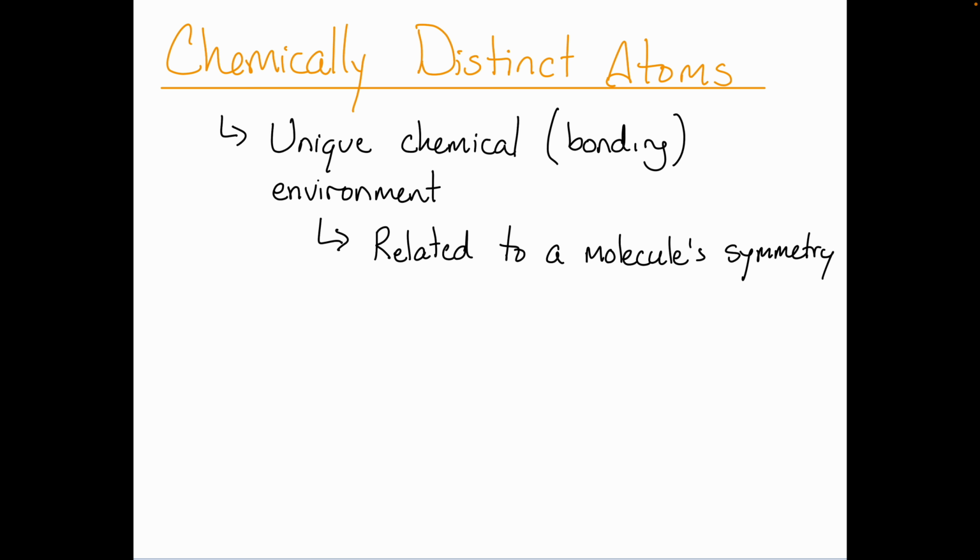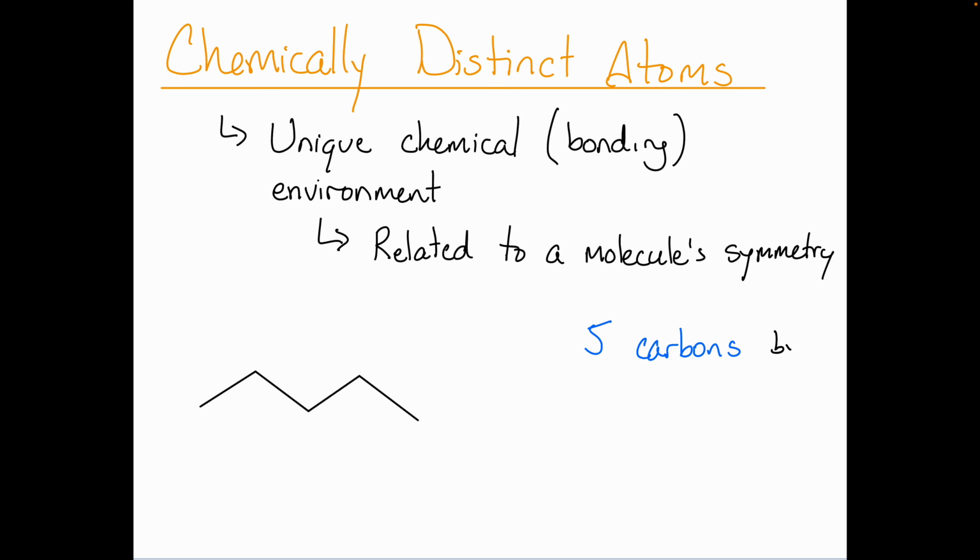Okay, so let's look at an example here. We're going to go with a simple 5-carbon alkane, pentane. How many carbons do I have in this molecule? 5, right? So we have 5 carbons.